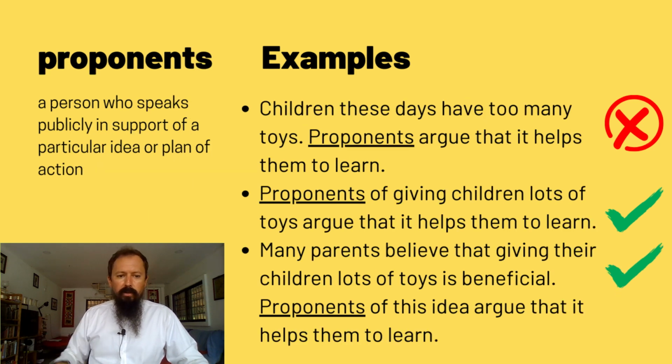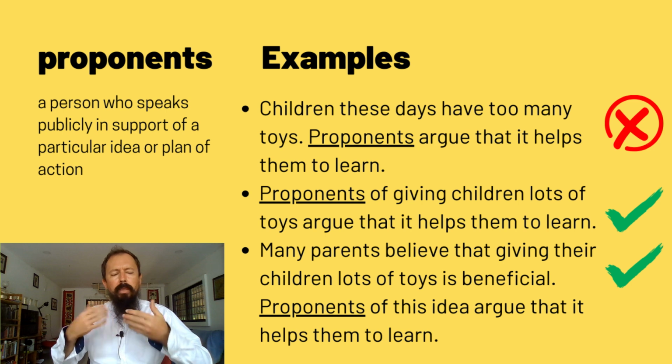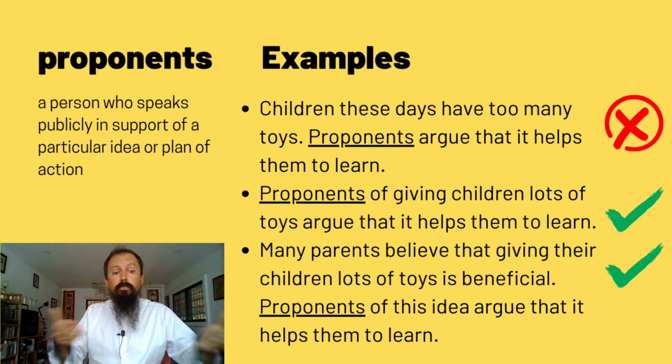Another word that kind of refers to people, but it's pretty different, is proponents. So a proponent is a person who speaks publicly in support of a particular idea or plan of action. So how do IELTS candidates get this wrong? Well, they often learn the loose meaning of this word, and then in their essay, they're talking about an idea, and they're talking about people who support that idea, and they use proponents.